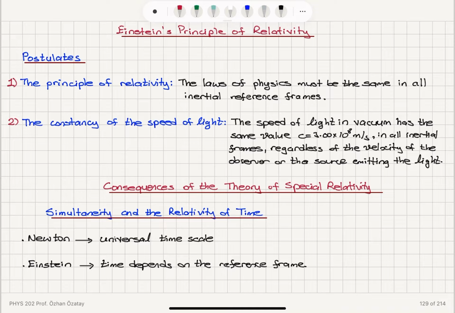Remember that in Galilean equations, Newtonian mechanics, we have a universal time scale. So when an event occurs at a certain time in one inertial reference frame, in another reference frame, it occurs at the same time. But Einstein's theory says that time depends on the reference frame. Because the speed of light is constant in vacuum, this immediately implies that time should depend on the reference frame.